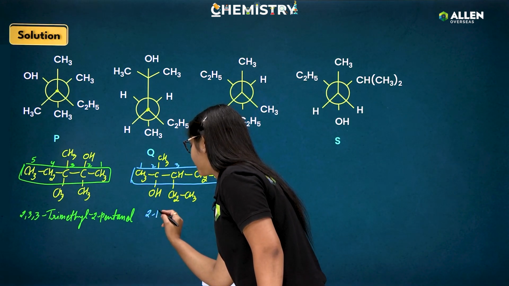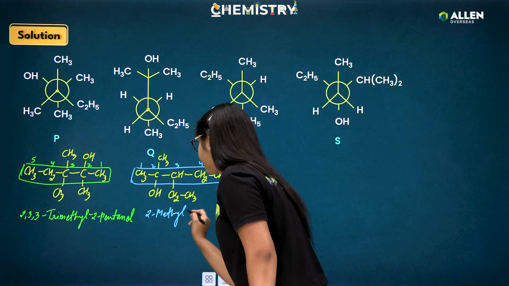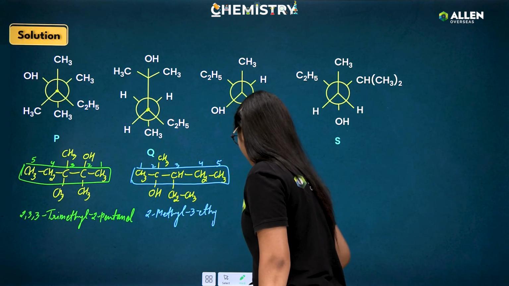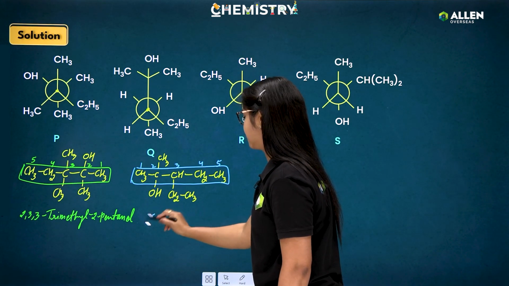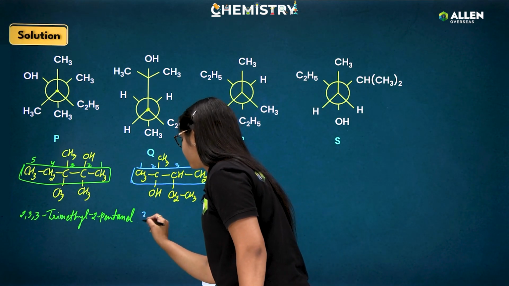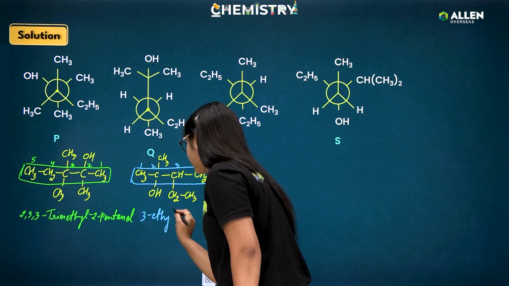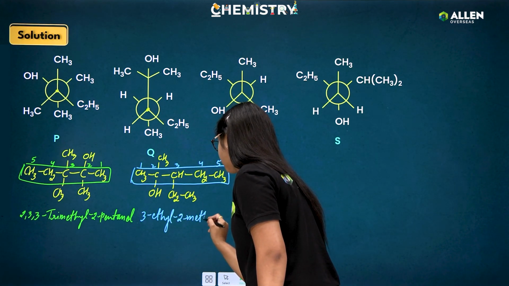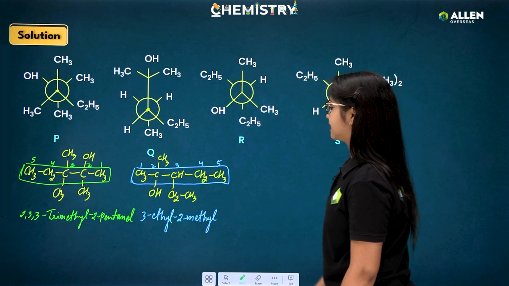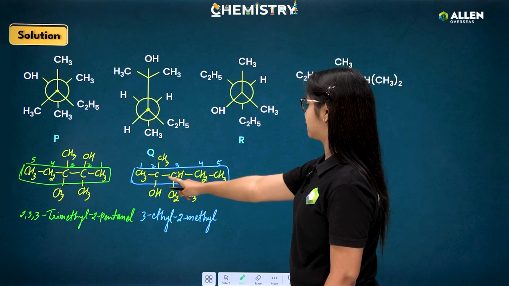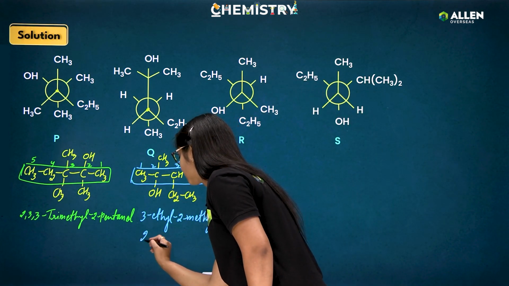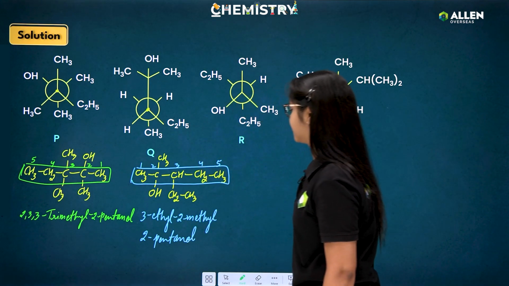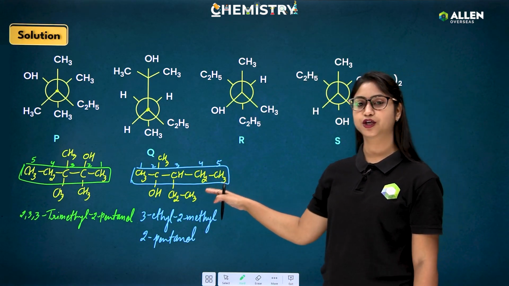So we can write 2-methyl, 3 ethyl, or we should write in the alphabetical order. So we can write 3 ethyl, 2-methyl, 2-pentanol, okay. This is the name of the Q compound, right?